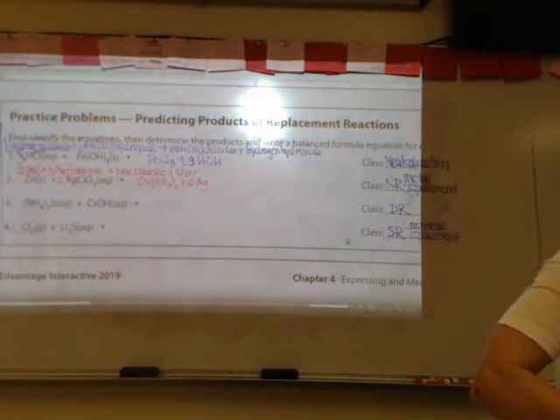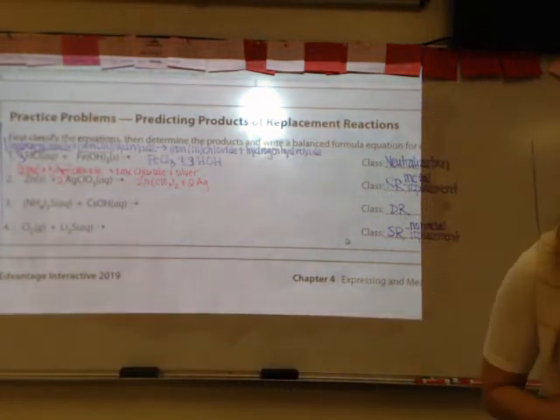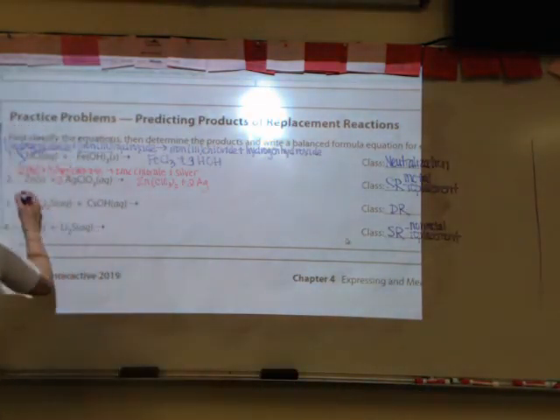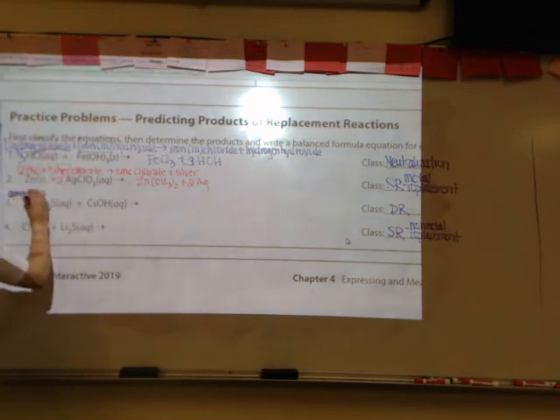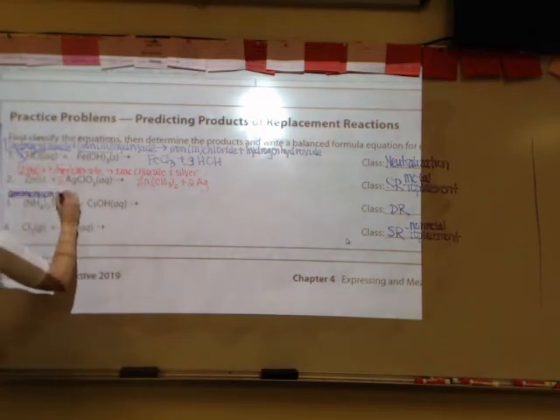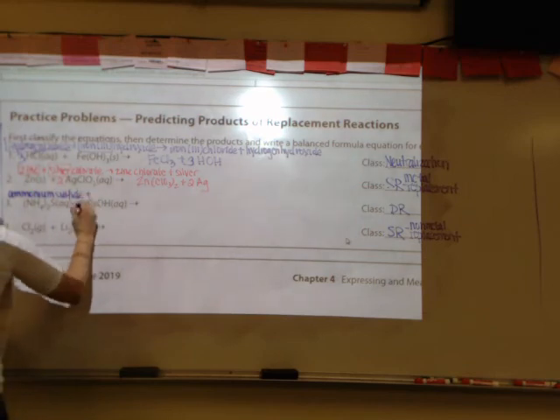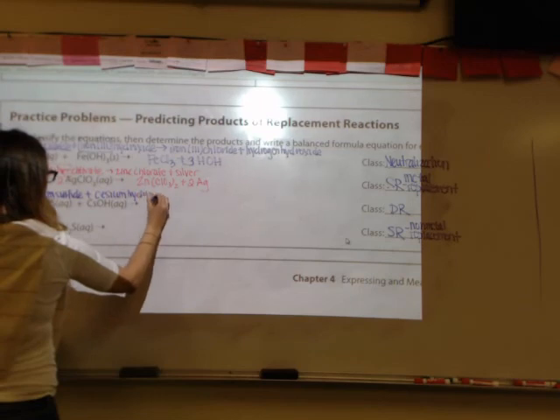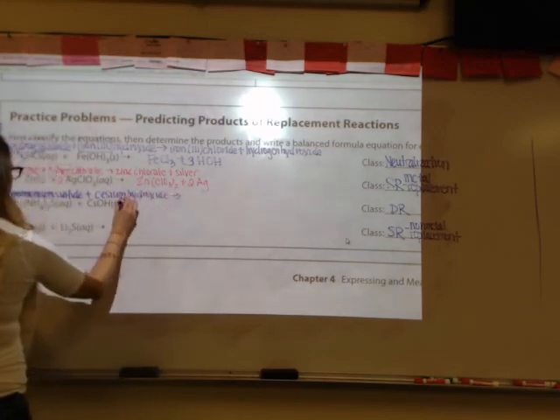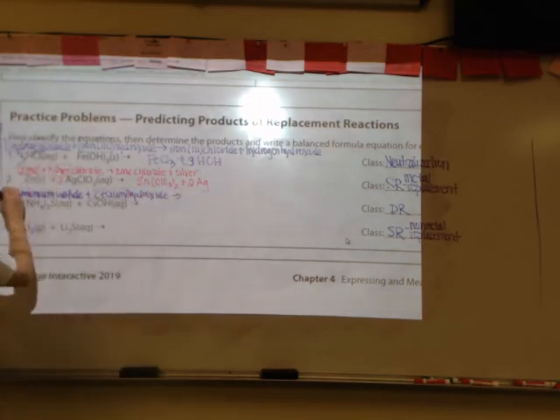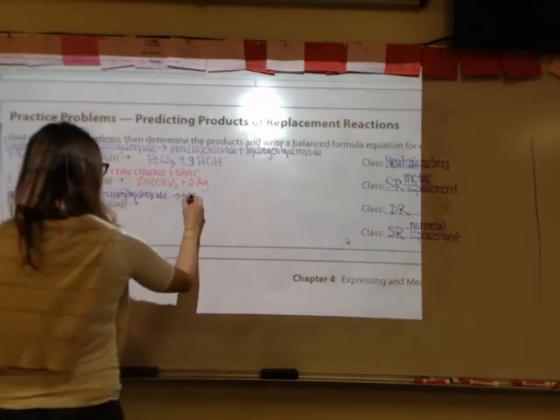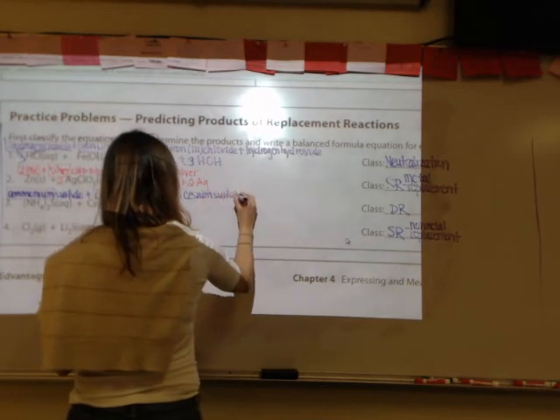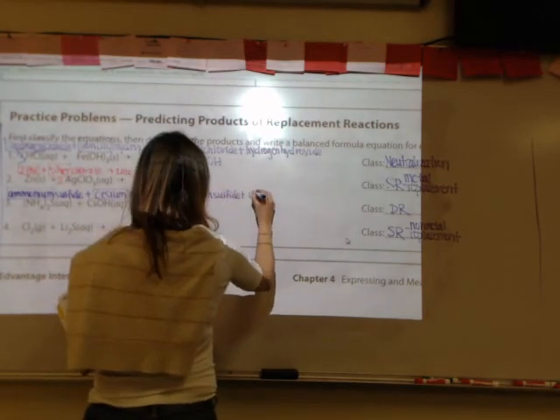For number 3, we've got ammonium sulfide combining with cesium hydroxide. The cation in each will switch places, and I will get cesium sulfide and ammonium hydroxide.